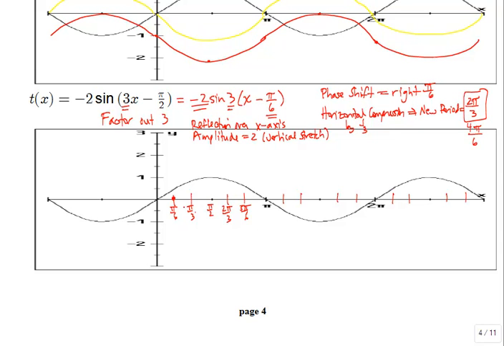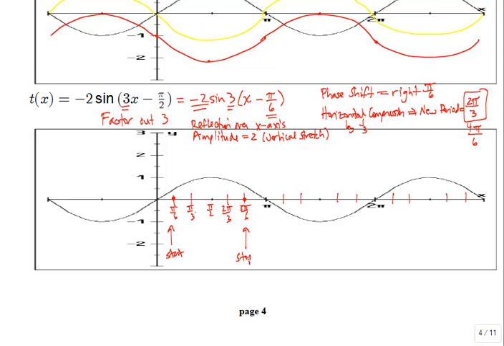So if I go over 4 pi over 6's from where I'm starting, so here's 1 pi over 6 over, 2, 3, 4. So this width from this first dot to this second dot has a width of 4 pi over 6. So that's where I want to start, and that's where I want to stop.